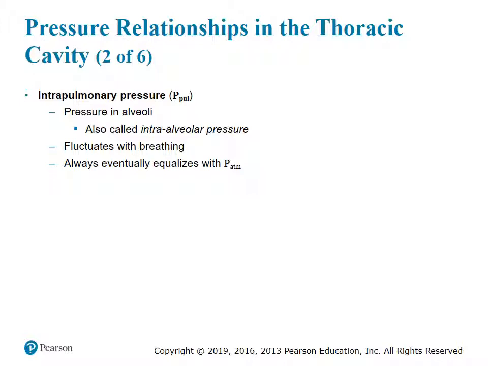We've got a couple of different pressures that exert their forces on the respiratory system. The first one is intrapulmonary pressure. This is the pressure in the alveolar sacs, the pressure inside the alveoli, also called intra-alveolar pressure. This pressure is going to fluctuate.